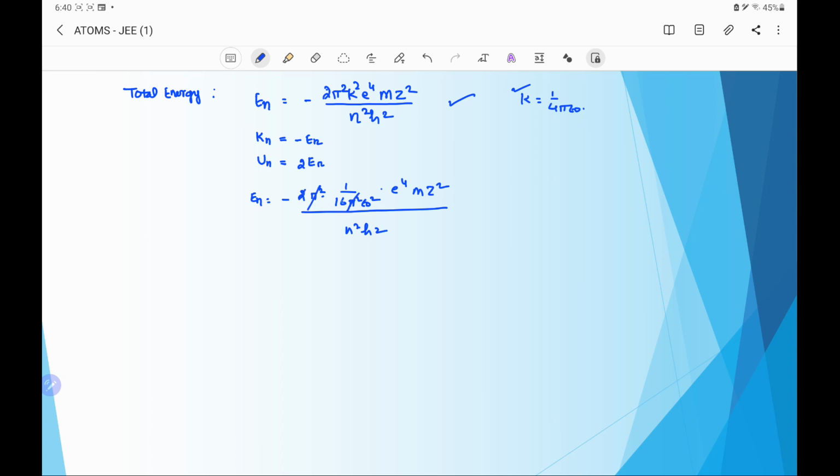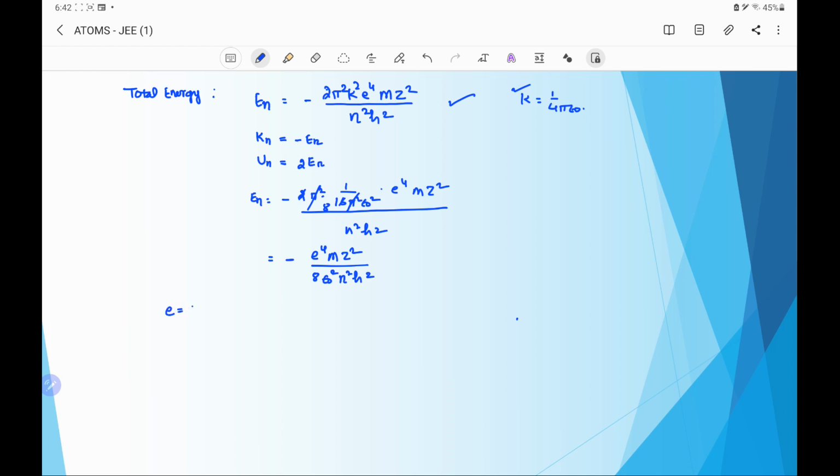These 2 also get cancelled by 16, so it is 8. And we will have minus e raised to the power 4 m z square divided by 8 epsilon naught square n square h square.